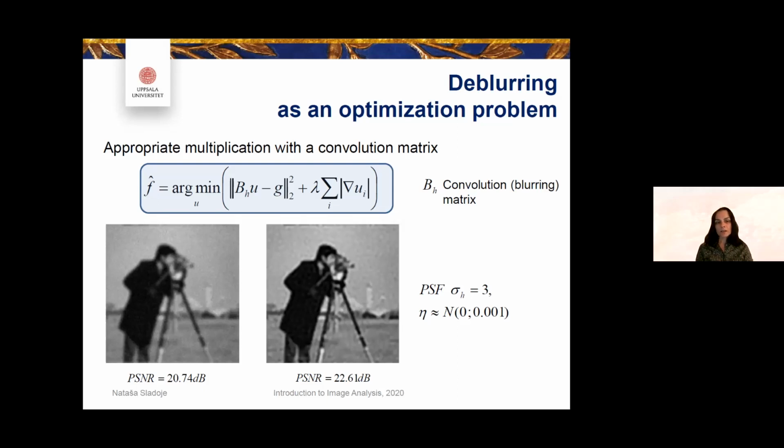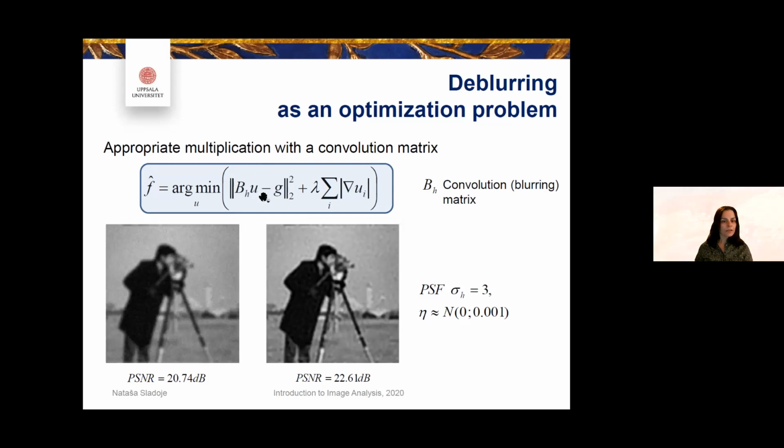Why is that so? Well, if they're linear, and that means can be modeled by convolution, then they can also be expressed as matrix multiplication. And that means that we will simply have this change here.